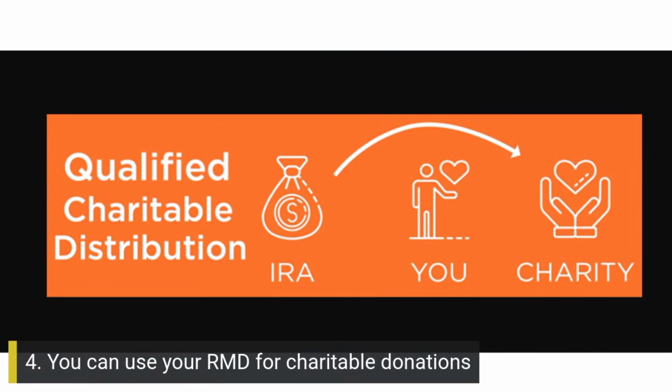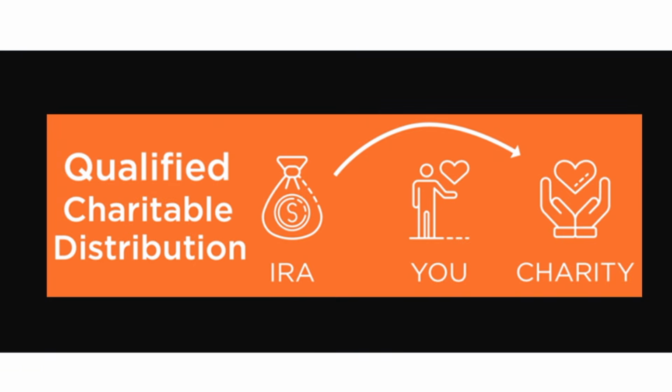You can take money from your IRA for the purpose of your RMD, and instead of moving it to your bank account or a brokerage account, you can send that money straight from the IRA to the charity of your choosing. Now they have to be a qualified 501c3 organization, but you can route that money directly, and that becomes a non-taxable event. It's just a charitable distribution.